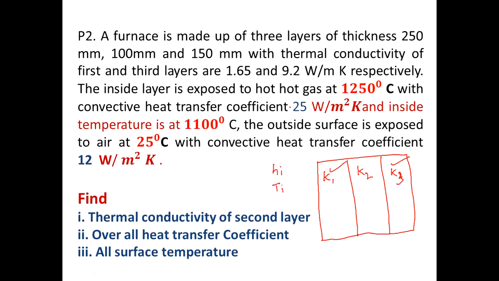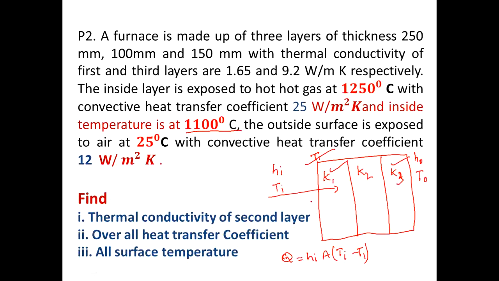The inside temperature T1 is given, and then outside H0 and T0 are given. So you can find the heat transfer here. Q is equal to HI A into delta T. What is your delta T? Ti minus T1.